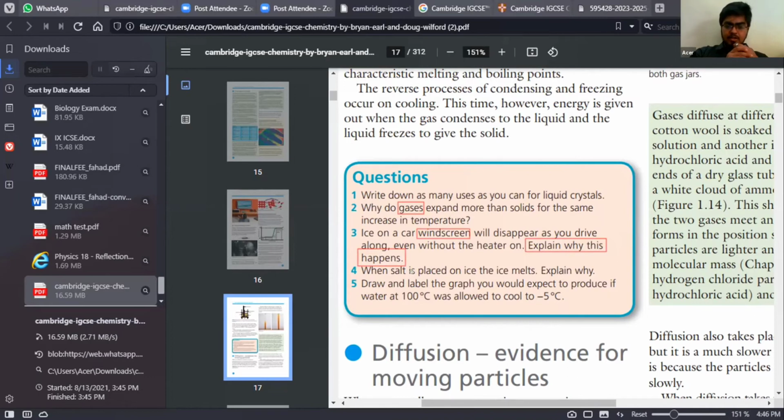When salt is placed on ice, it melts. Why? Explain why it melts.